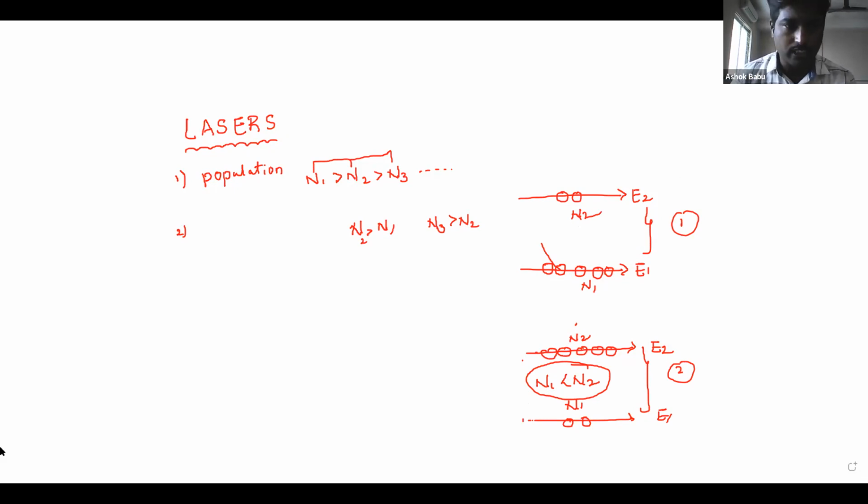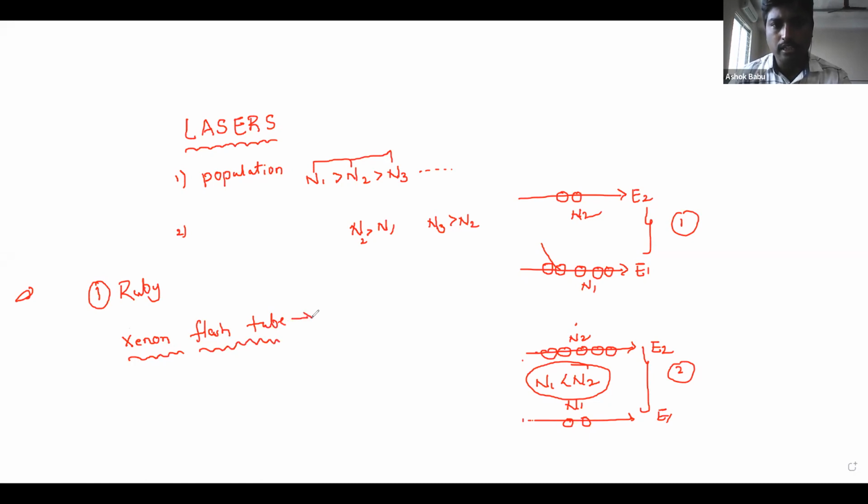For example, in the ruby laser, a xenon flash tube acts as the pumping mechanism. Using the flash tube, we send the chromium particles from the ground state to the higher energy state. That is why it is called a pumping mechanism.